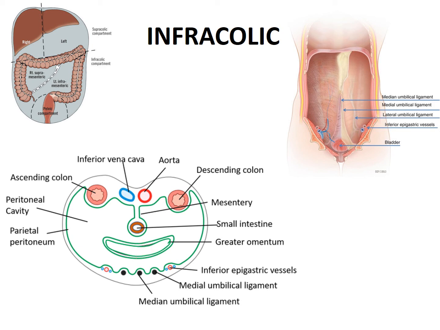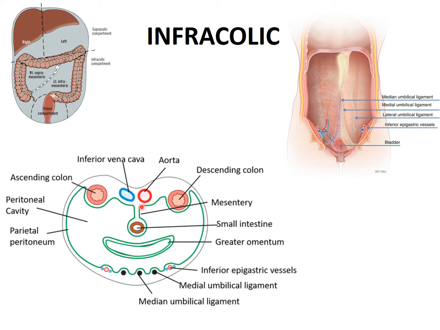This lesser sac is seen only in young children in the case of the greater omentum, because later on these peritoneal folds fuse, and the lesser sac does not extend up to the greater omentum in adults. So here you will be able to see the lesser sac, of course, in the case of small children, with the greater omentum, all 4 walls in the anterior aspect. Posterior to that, we will see the intestine and the mesentery covering the intestine.